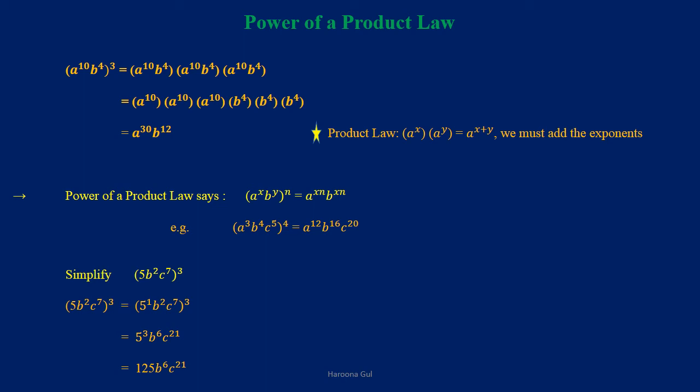Now we can simplify the expression 5 into b raised to the power 2 into c raised to the power 7, the whole raised to the power 3, by applying the same law. And we get the answer as 125 b raised to the power 6 into c raised to the power 21.